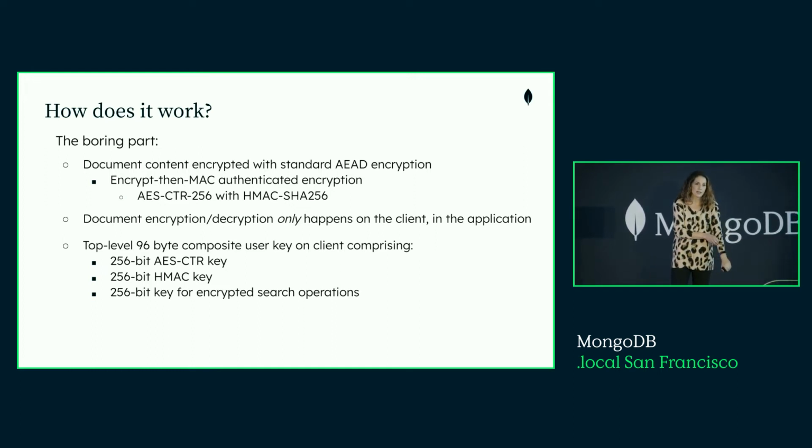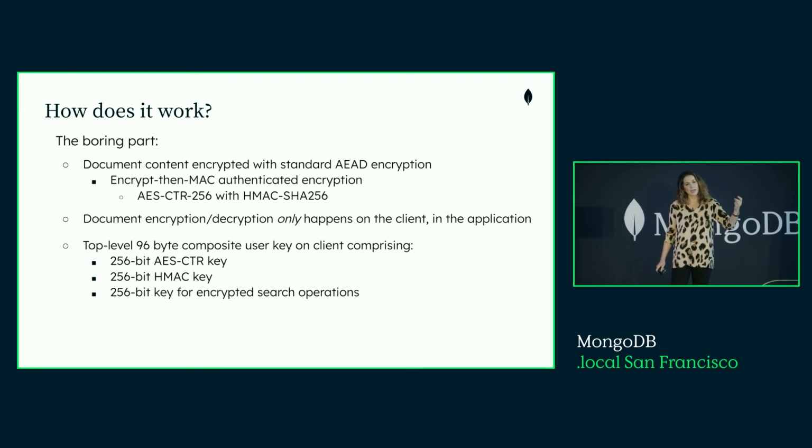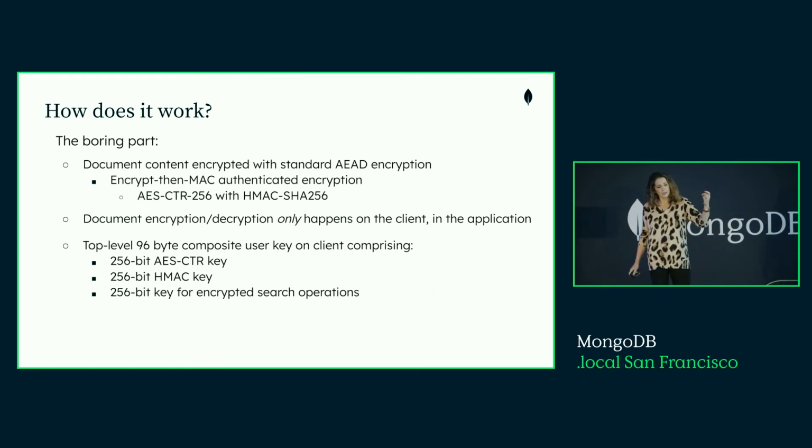The key that we get is actually broken into 3 keys, so you give us 96 bytes of data. We take those first 32 bytes. That is your actual AES encryption key. The second 32 bytes is your HMAC key. And after that, it is a key that we use for these encrypted search operations to build these encrypted search indexes.